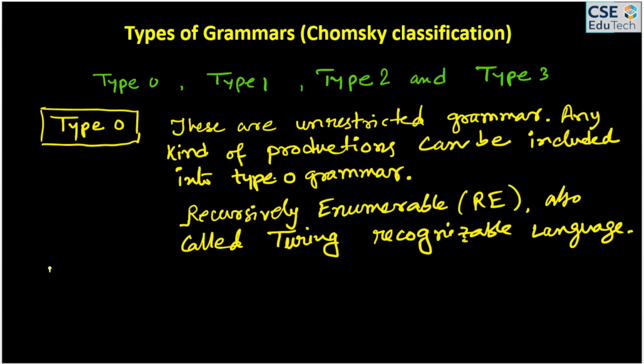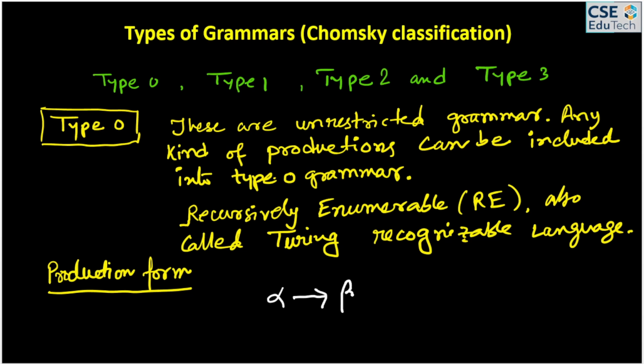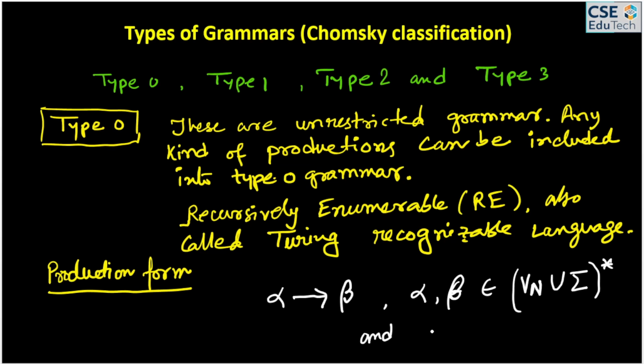The production form is of the form alpha to beta, where alpha and beta belong to Vn union sigma star, and alpha contains a variable.